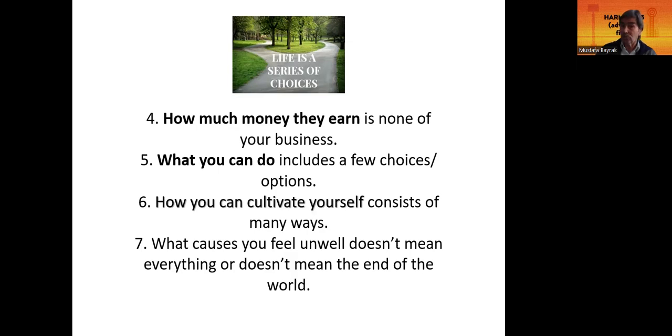What you can do includes a few choices or a few options. What you can do. Yes, it includes, non-includes. For example, the project. The project includes a few choices. Okay. How you can cultivate yourself consists of many ways.